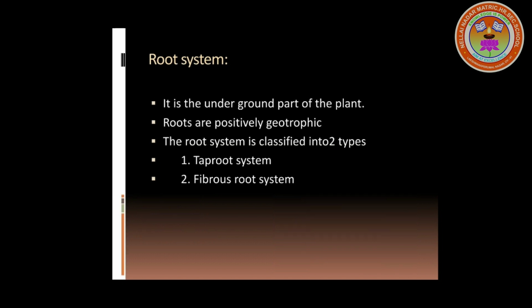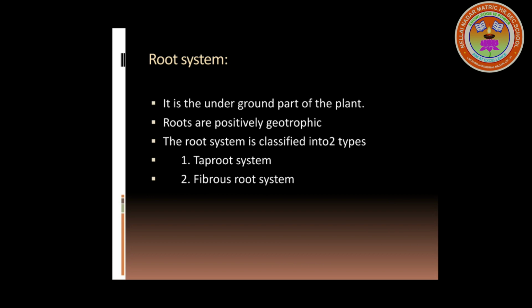Are you clear? Yes. Now, based on these parts, a plant is divided into two different types of system. What are they? They are the root system and the shoot system.